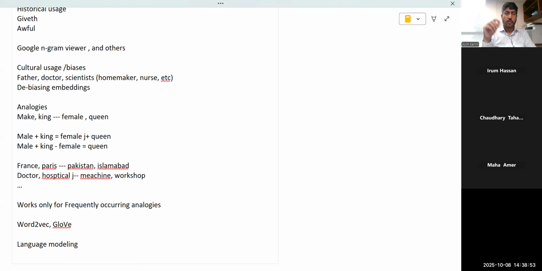So we said that words were a set of words. So the sequence was not important. So we used the actual terminology called bag of words. Okay? So sequence info was lost in representations.